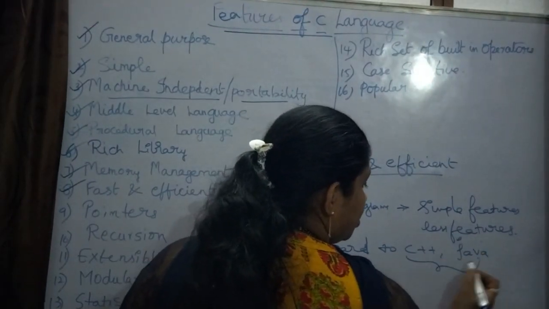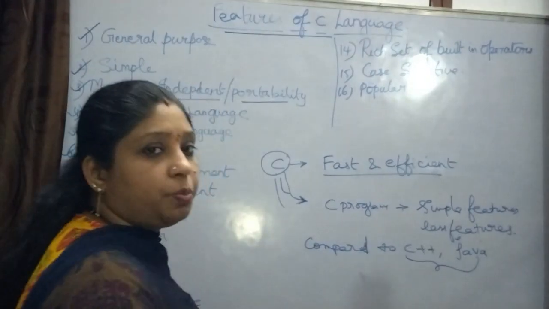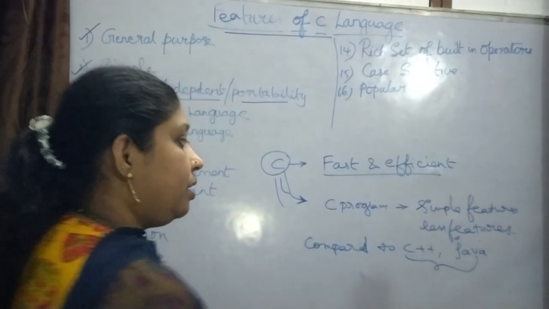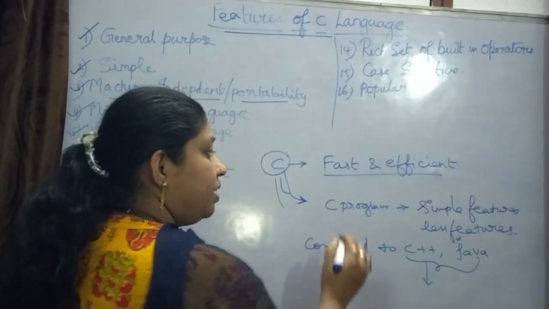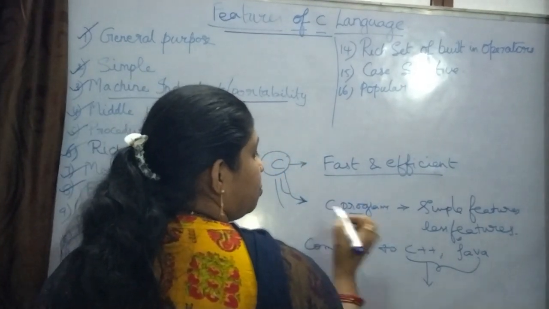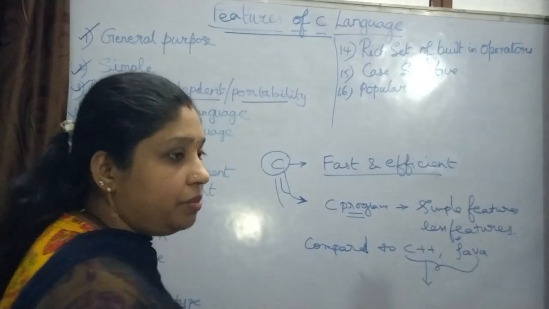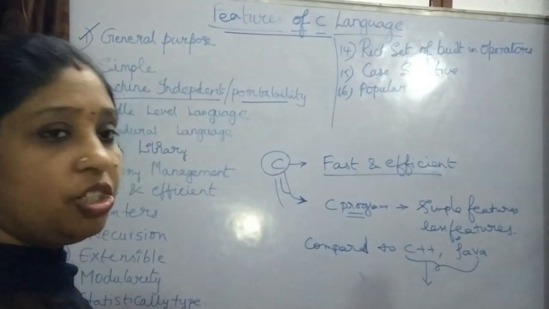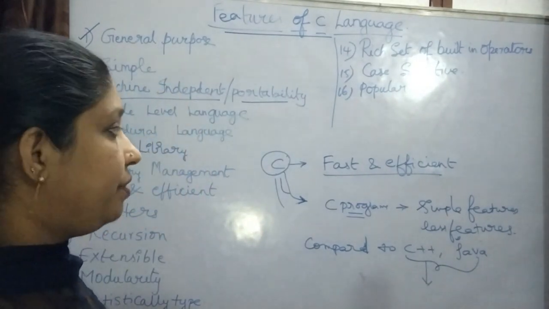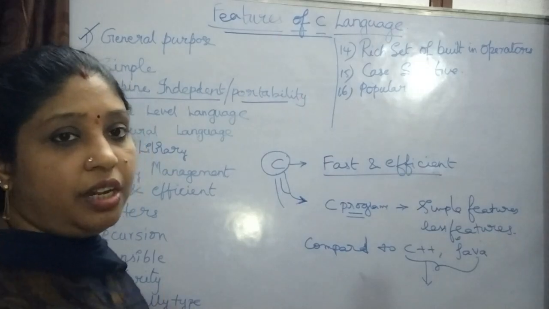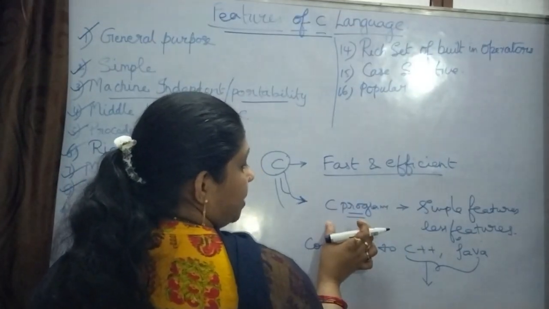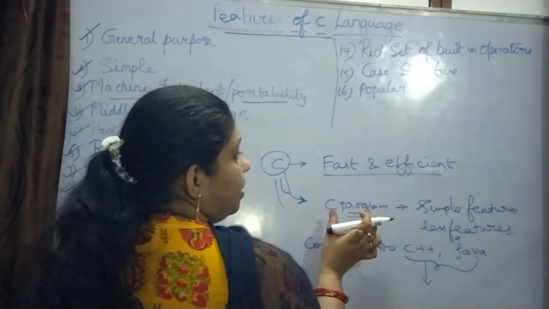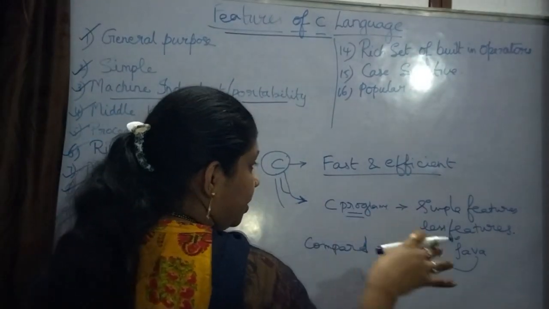The programs you write in C++ and Java take time for execution, but C programs will not take much time. They will be executed fast and efficiently.